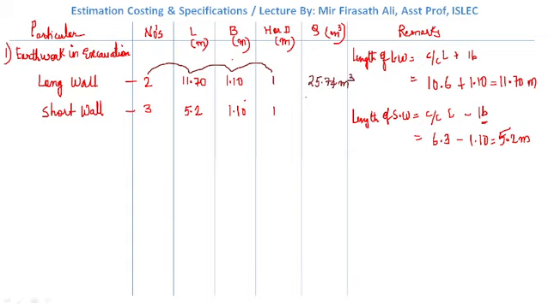Similarly, if you multiply 3 into 5.2 into 1.1 into 1, this value will be 17.16 meter cube. The total quantity of earthwork stands to be 42.90 meter cube.